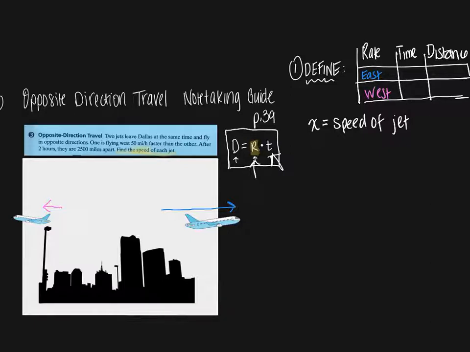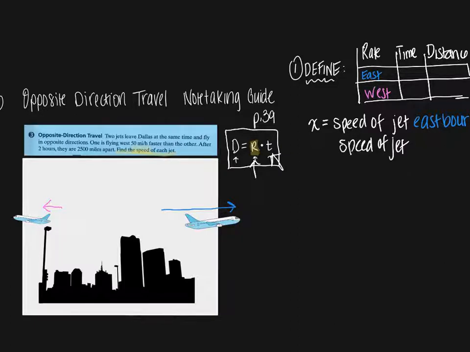I'm going to take the one that's just going the normal speed. So which one is flying at the normal speed? The eastbound jet. So I'm going to let x be the speed of my eastbound jet.